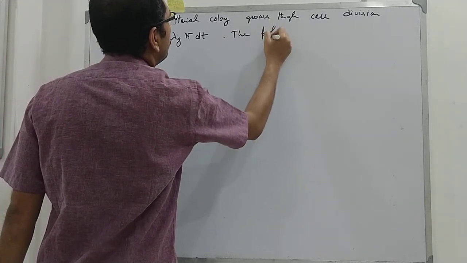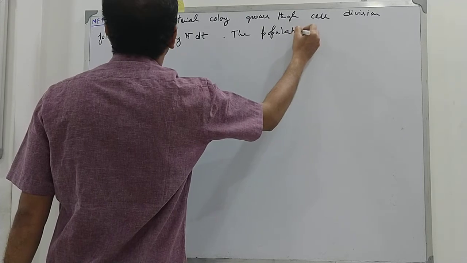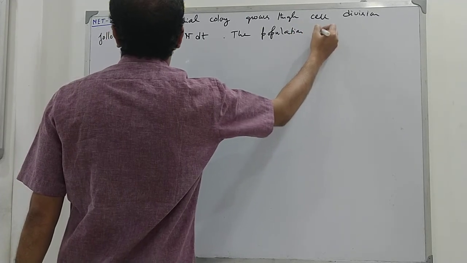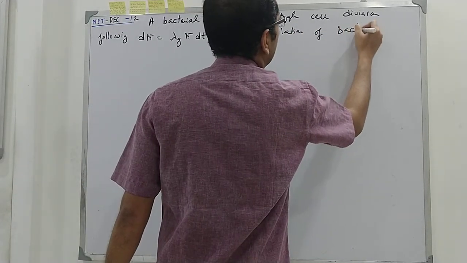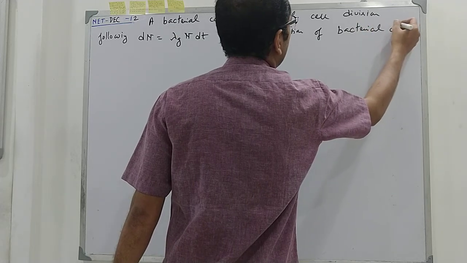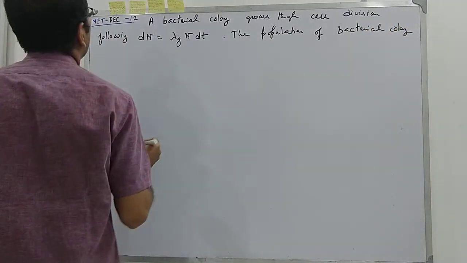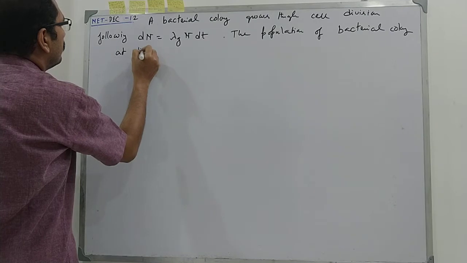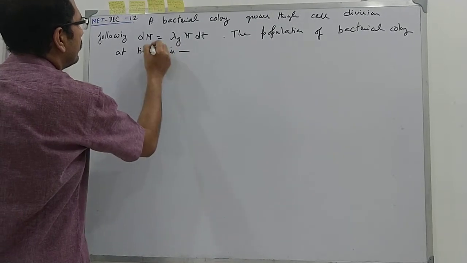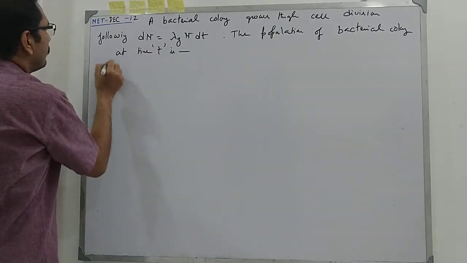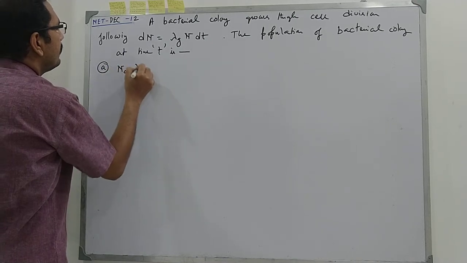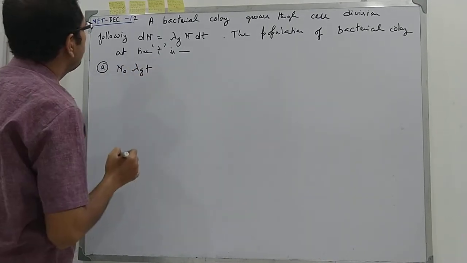Now the population of the bacterial colony at time t is, first option, N0 lambda g t, where g is the suffix.